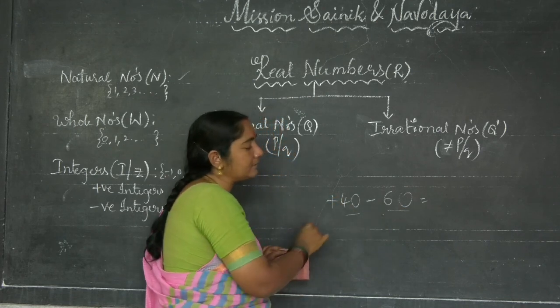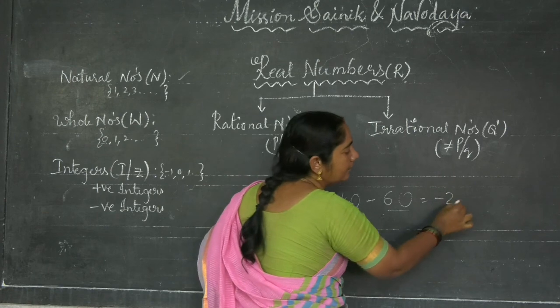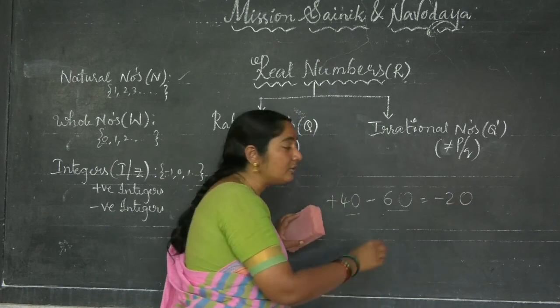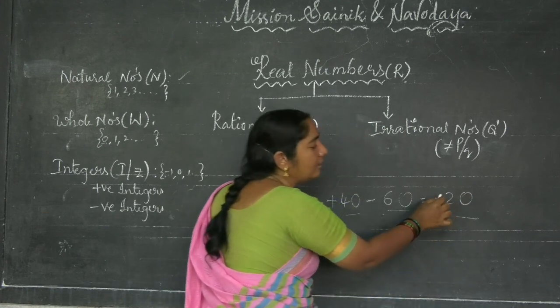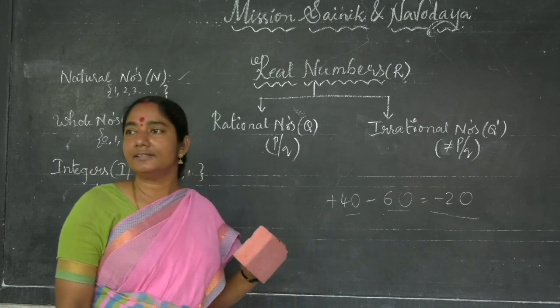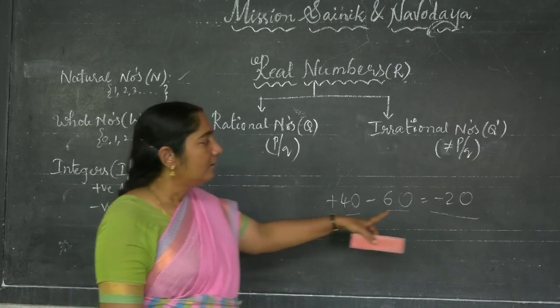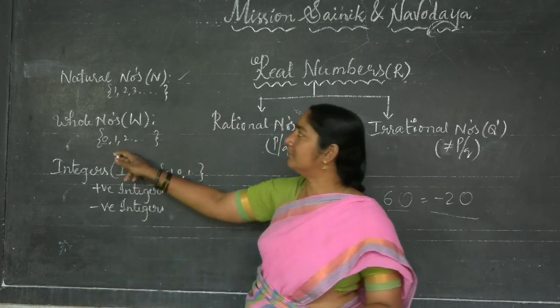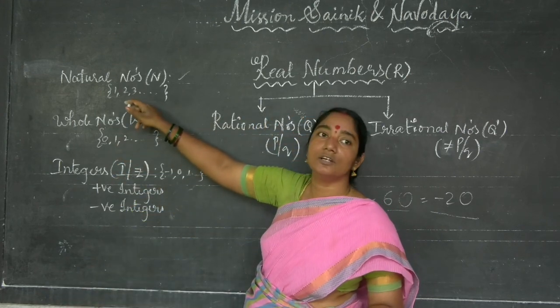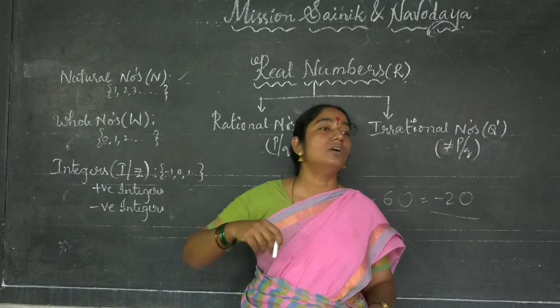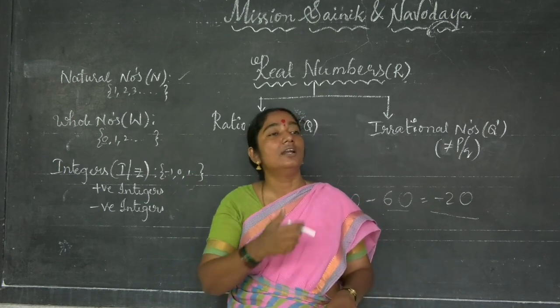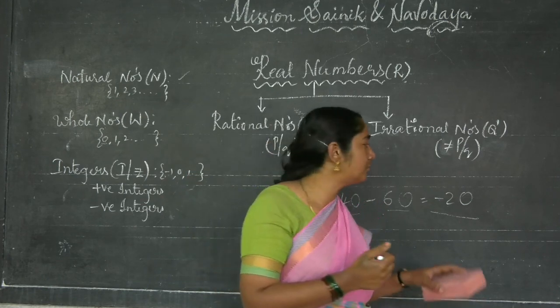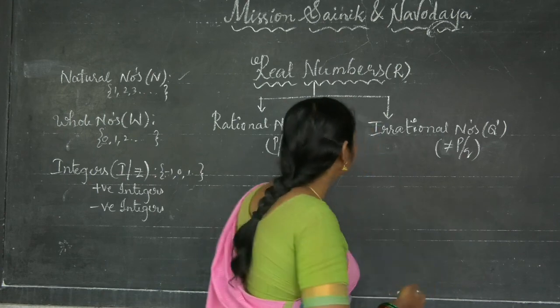So 40 minus 60 becomes minus 20. In this case, there is a value with a minus sign. Such a number does not exist in the whole number system, and such minus is not there in natural numbers. So now we need some numbers which are negative. Negative numbers we are also in need of.